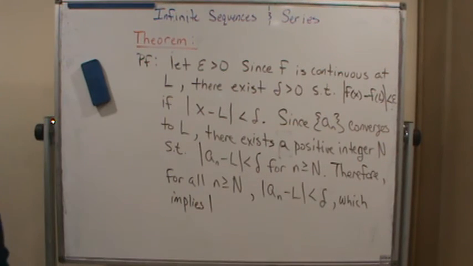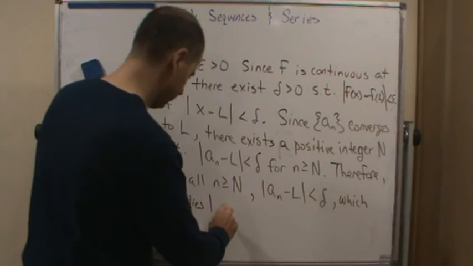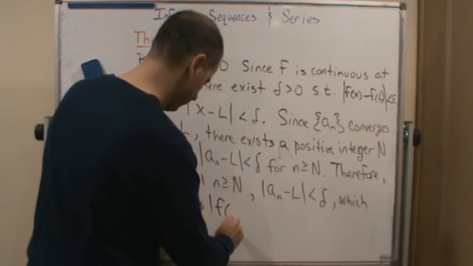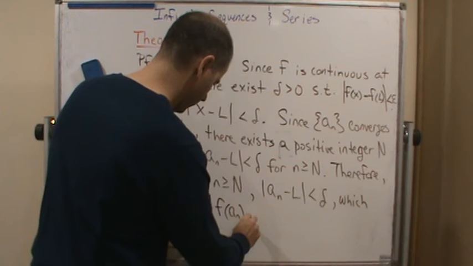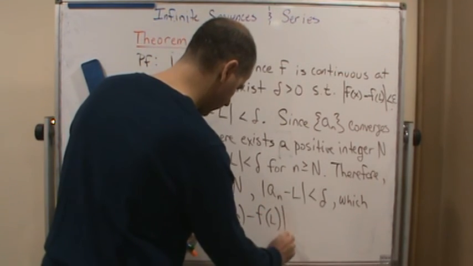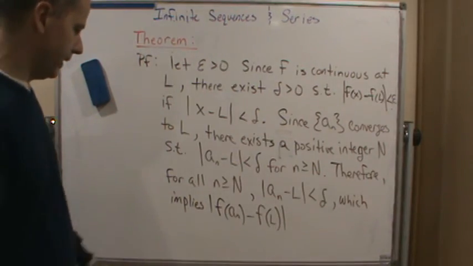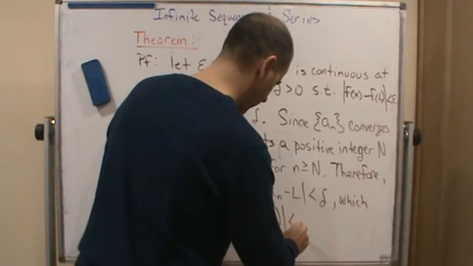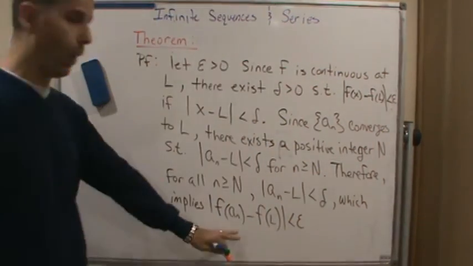The absolute value of f of a sub n minus f of L is less than epsilon. Now, why is that?